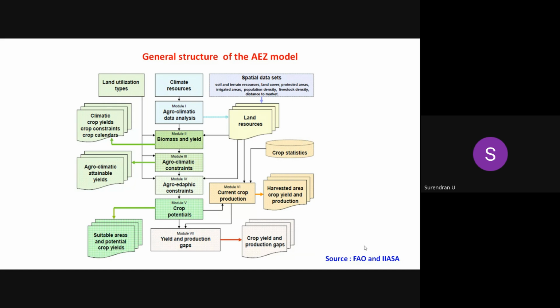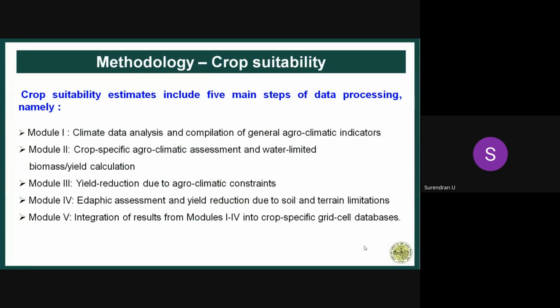Based on spatial data sets of land resources, crop statistics, and harvested area, we can understand where the issues are happening, and in future, if the climate is changing, that means temperature is increasing and rainfall we cannot predict, what will happen to the crop. So yield can also be predicted. And based on that yield gap, we can apply strategies so that the yield gap can be reduced. This is what the modules deal with.